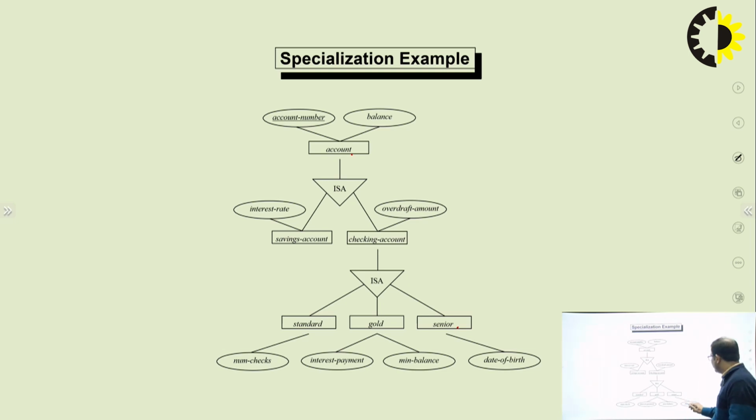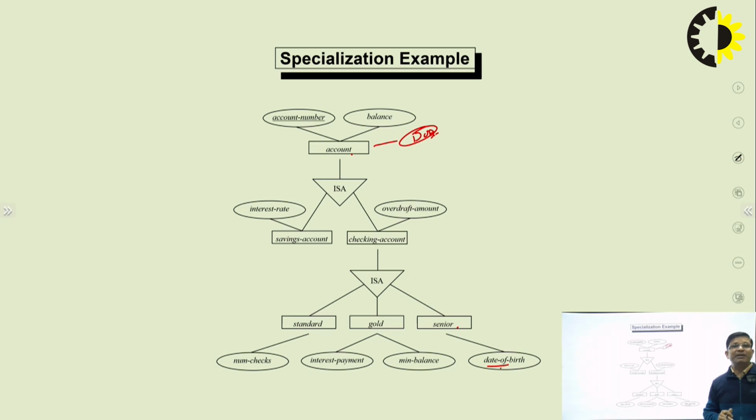So senior account has date of birth, and this date of birth can also be the attribute of this DOB. We have not mentioned it here, just so that you are not creating any confusion, that this particular entity has all the attributes which belong to these further entities. Okay, so this is how we can divide a single entity into multiple entities.